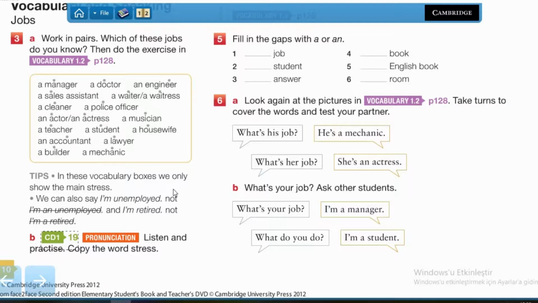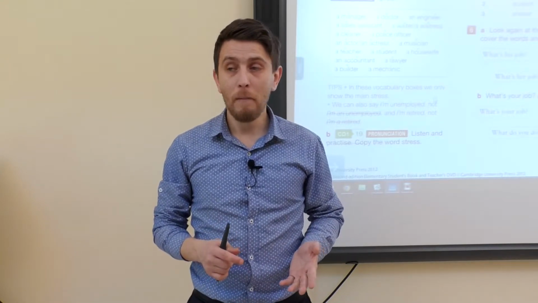If you have no job, you are unemployed. But we can't say I am an unemployed. So when we tell our jobs, we use a or we use an.